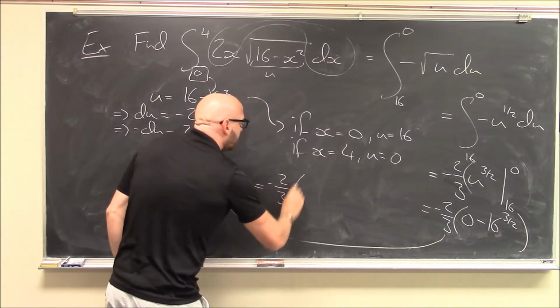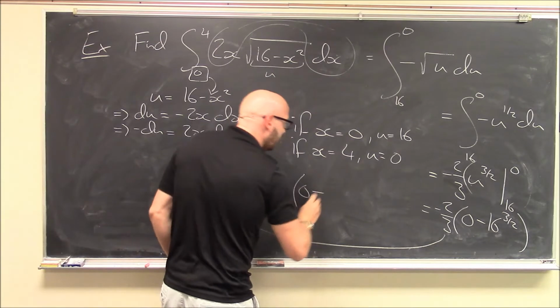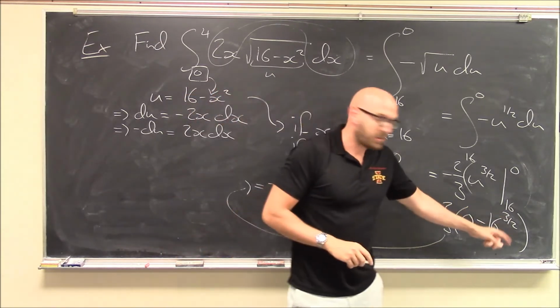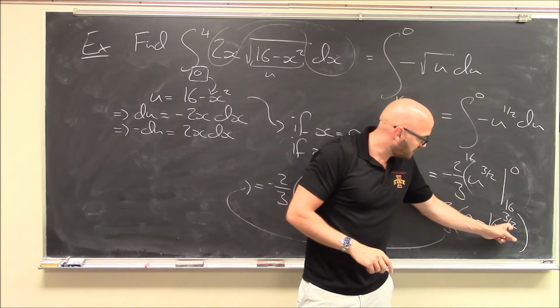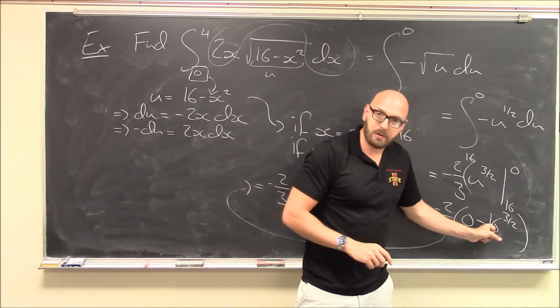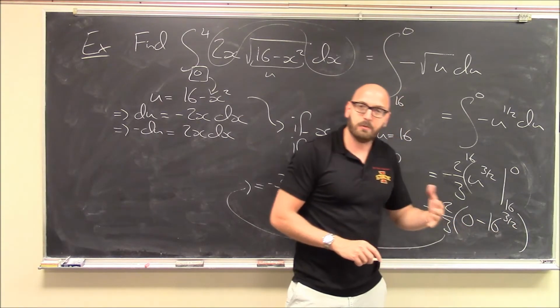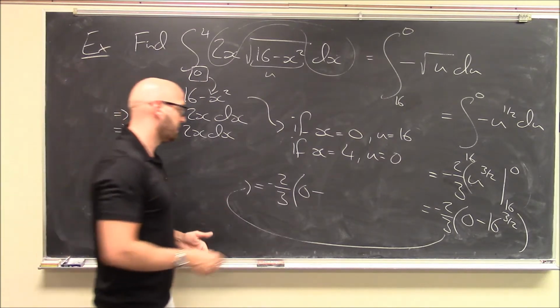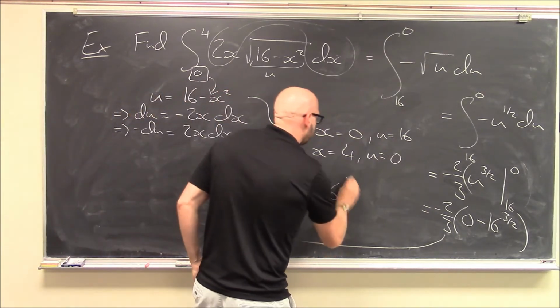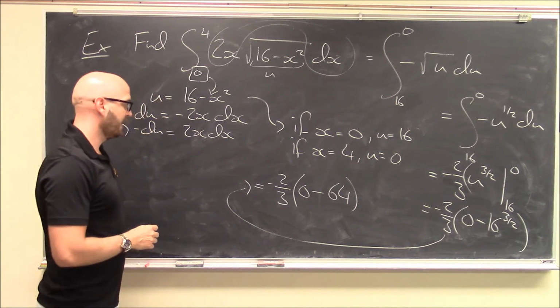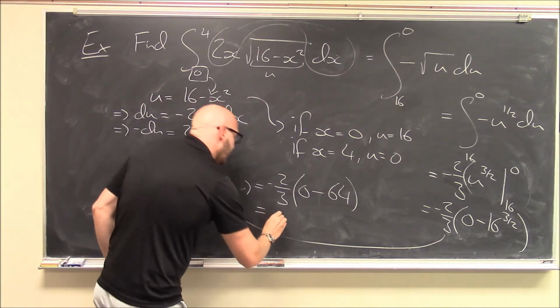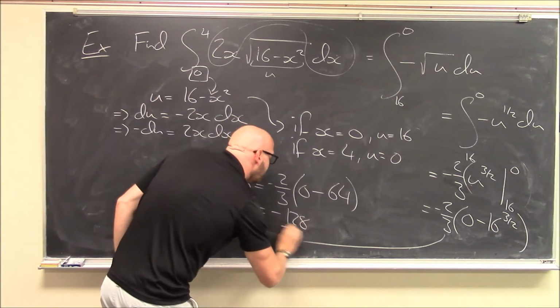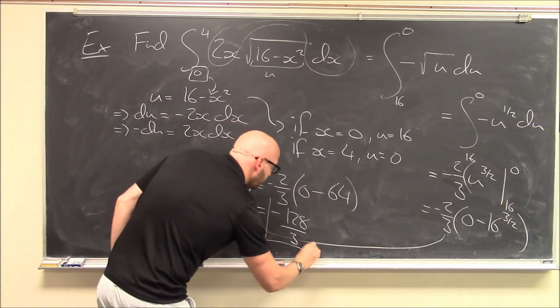This is minus 2/3 times 0, minus 16 to the 3/2. Use a calculator if you want, but you shouldn't need to. Take the 1/2 power first. That's square root of 16, which is 4. And then 4 cubed: 4 squared is 16, times 4 is 64. Meaning our final answer is minus 128 over 3.